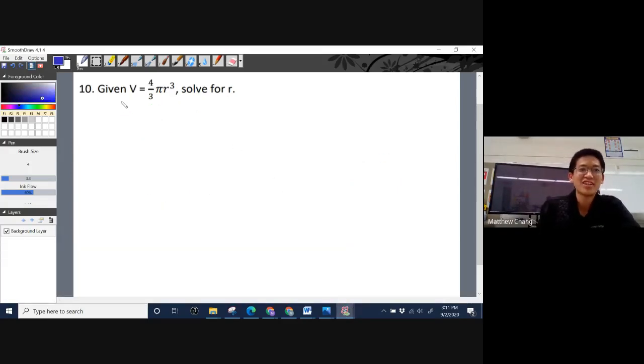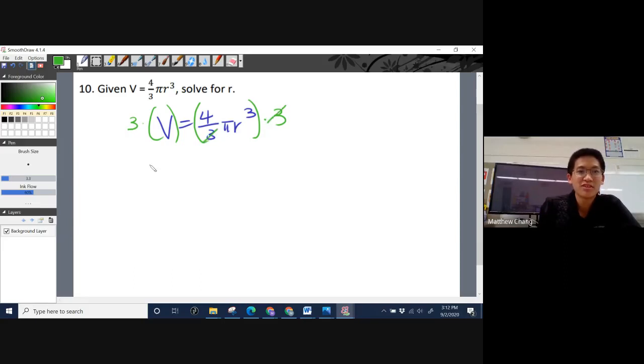Last one. Given V equals 4/3 pi r cubed, solve for r. I think this is the equation for the volume of a sphere. Just like in the other example, we need to get rid of the 3 in the denominator, so we multiply both sides by 3.